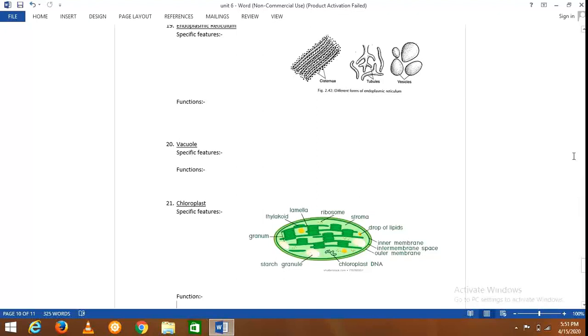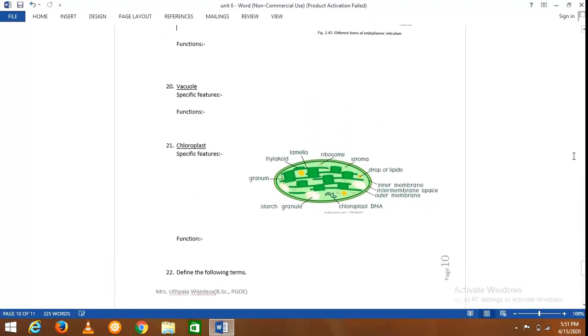As the last organelle, we are going to discuss the chloroplast. Chloroplast is again available only in plant cells, and it is responsible for carrying out photosynthesis. Since grade 6 you have learned about this function of photosynthesis.